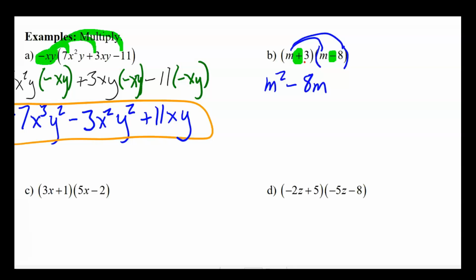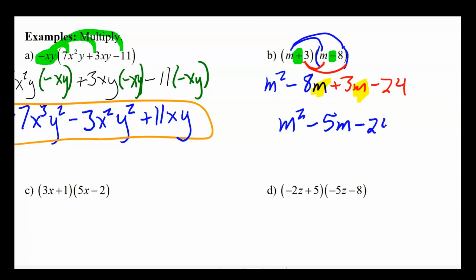Then I've got the 3, so I haven't done the 3, so the 3 also needs to distribute through, plus 3m minus 24. So standard set, you just write it all out in a big line like this, and then you look for your like terms, which are here because there's an m and there's an m, so -8 plus 3. And my final answer is m squared minus 5m minus 24. And then I'm done.